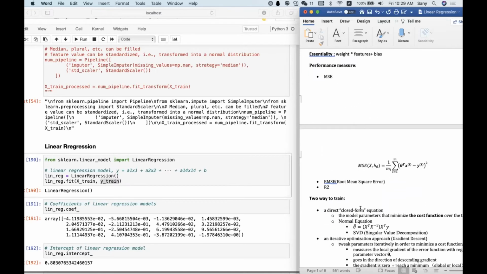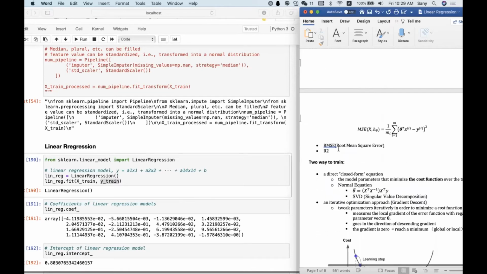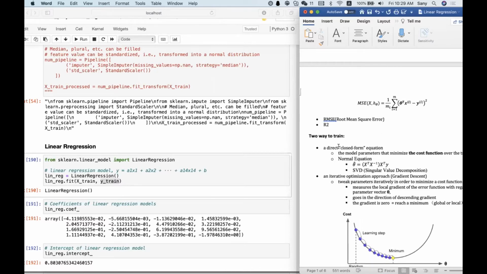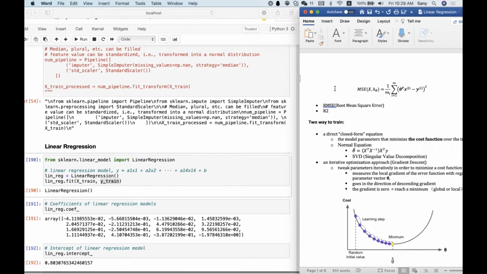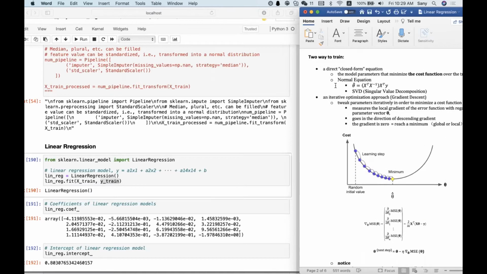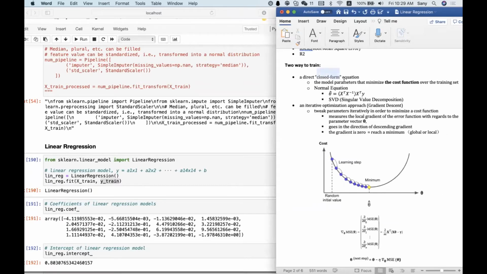Like in linear regression, we have two ways to train. The first one is quite a normal one. You can call it the least square method, and it is a direct closed form equation.